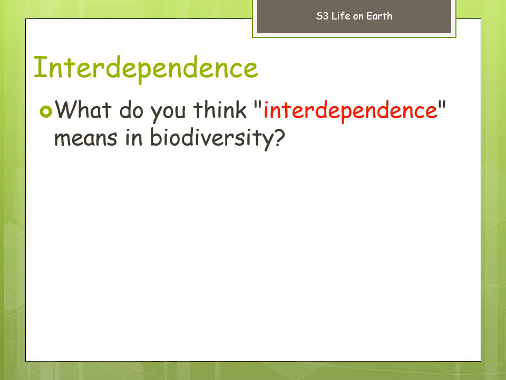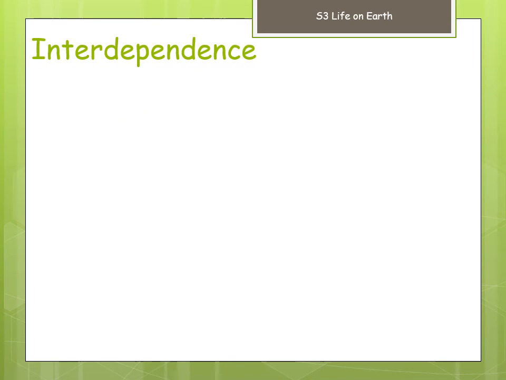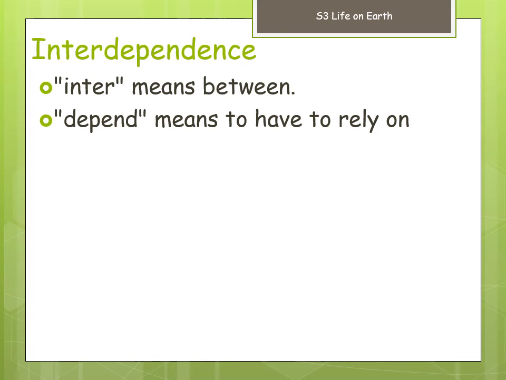So we're now going to think about the word interdependence. Those organisms we've just talked about in the 5 different kingdoms of life are interdependent. So what can that word mean? Now, if you think about it, you could be classified as a dependent. So that might help you with your understanding of that word. Inter means between. Depend means having to rely on.